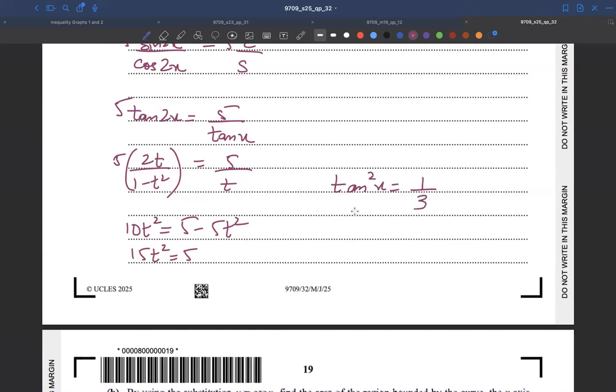Now finding the value of x, we'll do shift tan inverse of root 1 upon 3. So x would be equal to tan inverse of root 1 upon 3, and that is equal to pi upon 6. So the x coordinate would be pi upon 6.